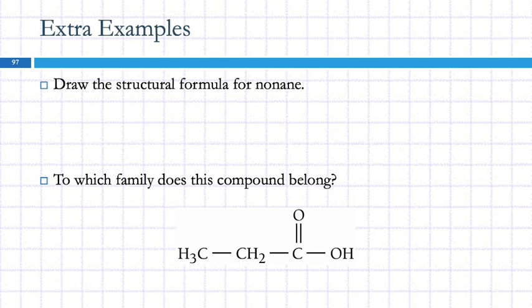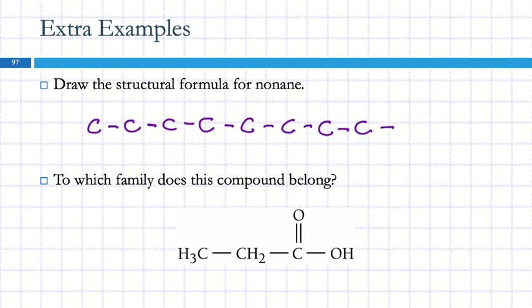Okay, so this would be a possible exam question. Draw the structural formula for nonane. Except I don't want to look at your drawings, so I would make it multiple choice and pick out the correct one. Well, what does the NON at the beginning tell us? 9 carbons. And the ANE tells us single bonds. Okay? Turns out there's actually a whole bunch of different nonanes, but we're just going to look at the straight chain. So we're going to have 9 carbons, 3, 4, 5, 6, 7, 8, 9.